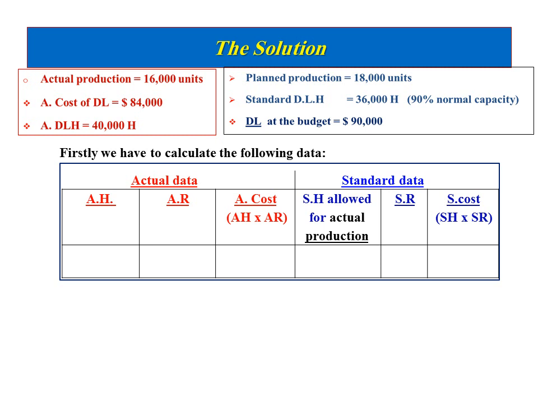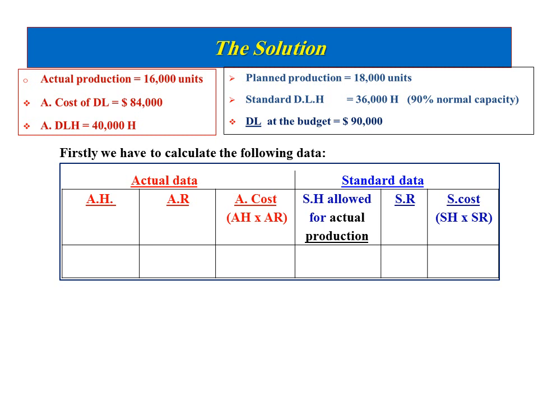About standard, if you remember, I have budget. Planned production 18 and standard direct labor hours for the budget 36, and direct labor at the budget here 90. All of them according to the budget, but I don't calculate for the budget, I calculate for the actual production, don't forget.